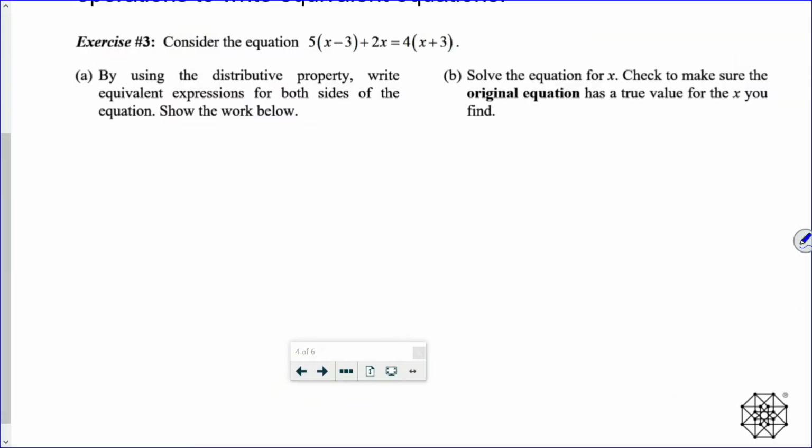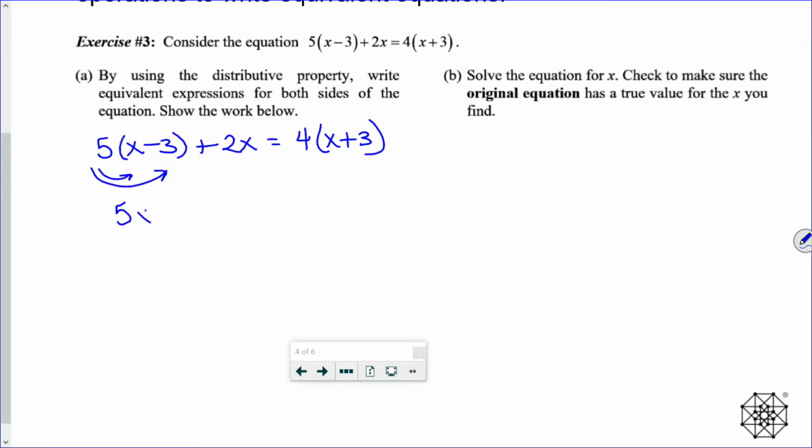So here we go. We've got 5 times x minus 3 plus 2x is equal to 4 times x plus 3. Now again, I really want to emphasize here, as I use this distributive property and get 5x minus 15, right, I didn't do anything to solve the equation, right?